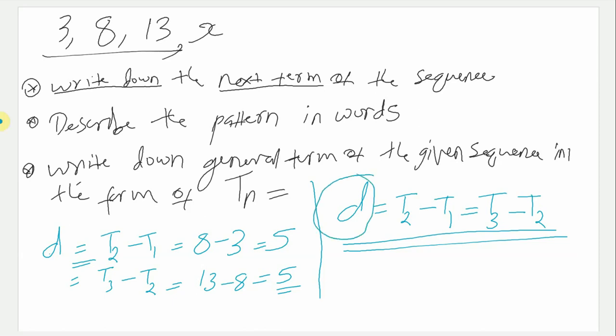As we can see, once you find that this is 5, and you also found that this is 5, obviously our d is equal to 5. So you go back to answer the question now. We said the value of the next term is x, but now we can actually find it. In order to get the next term, I need to add 5 to this one.